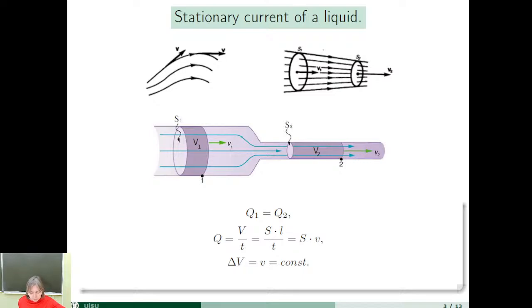These are imagined lines conterminous to the trajectory of particles. Tangents to lines of a current show the direction of the speed vector of particles of a liquid. The density of these graphically represented lines is proportional to speed.